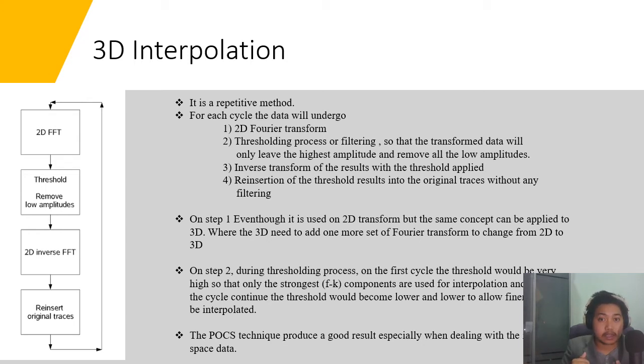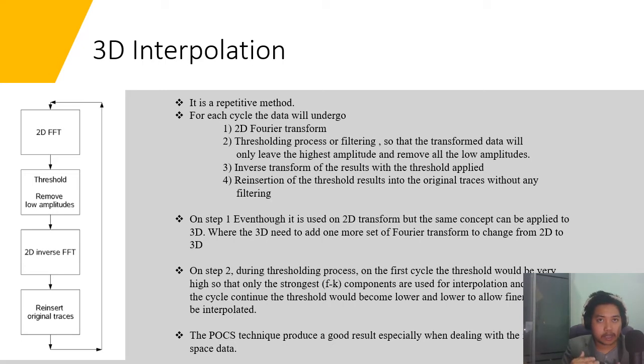Okay, and then on step 2, during the thresholding part, for the first cycle the thresholding will use the strongest frequency wave number, the strongest FK component, so that it will remove all of the low amplitude.